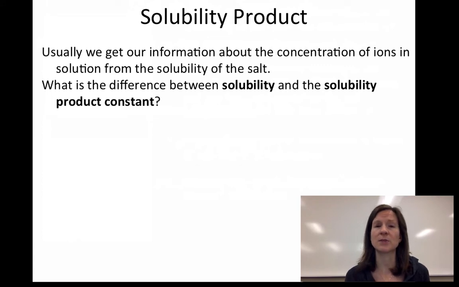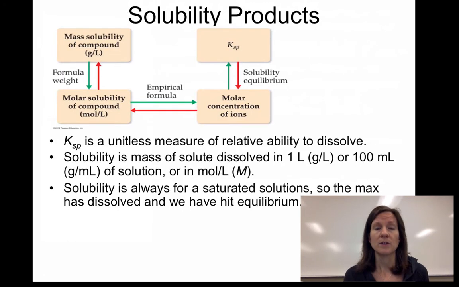But the problem is this term solubility and solubility product constant. One of the hardest things for most people for Ksp is simply determining what all the terms mean. So here's a small diagram that may help you differentiate. Ksp, again, is a constant. It's a unitless number. You get it by multiplying together the concentrations of the ions dissolved. The solubility can give us the concentrations if we convert solubility into moles per liter.